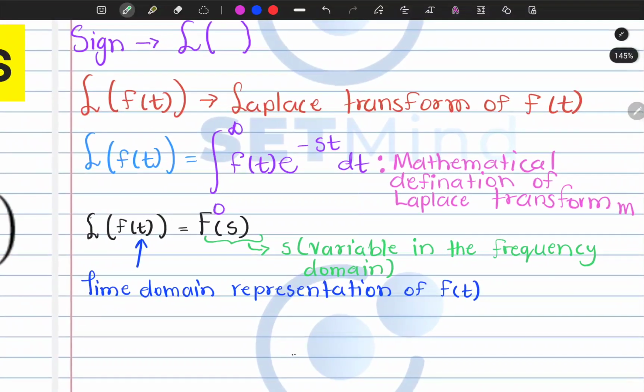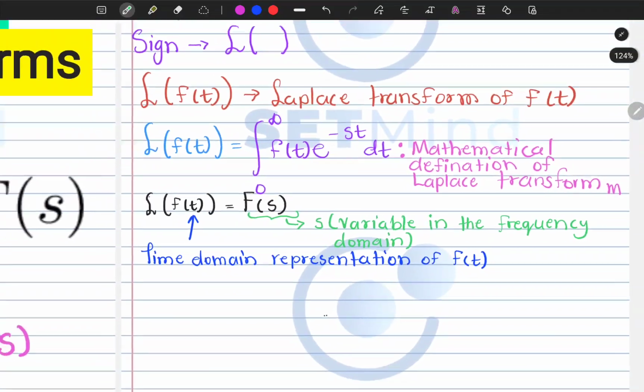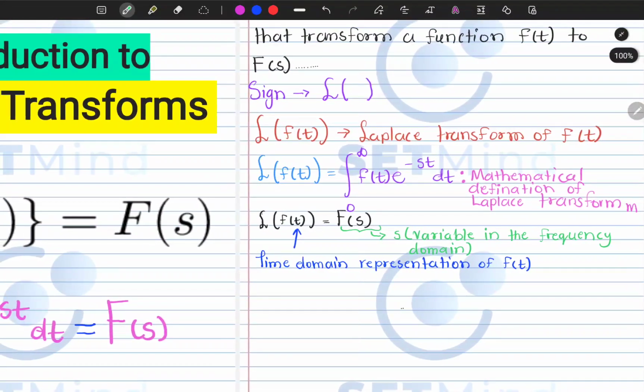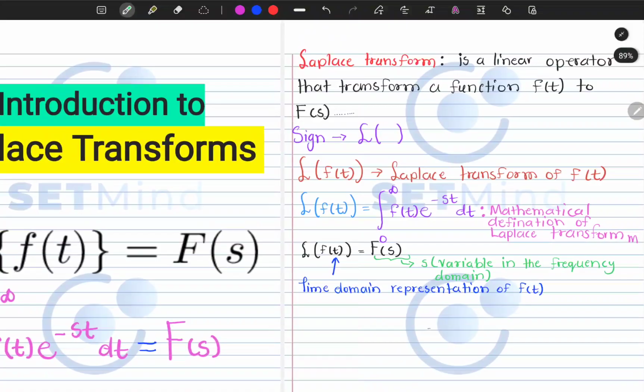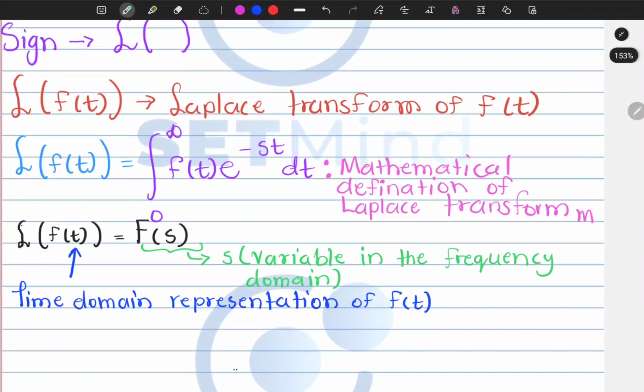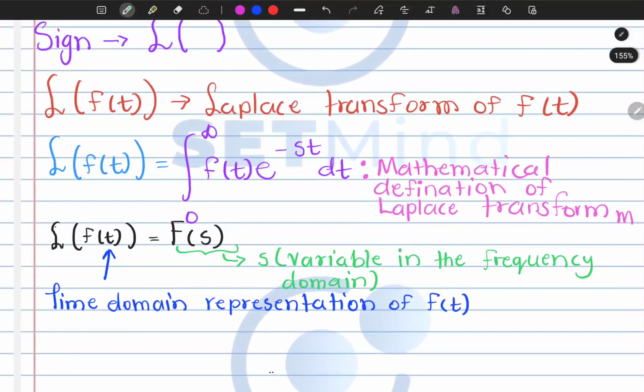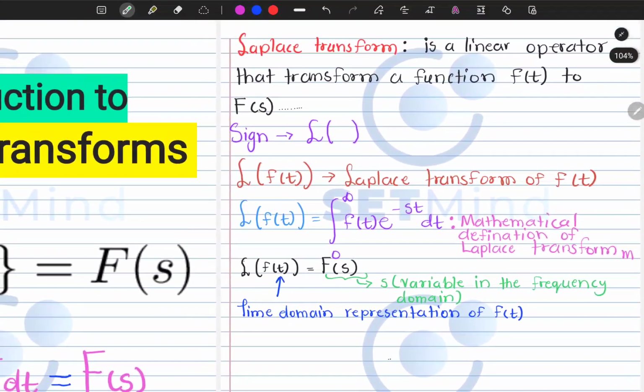Which means F of s is a frequency domain representation of our original function. So make sure that you have a feel of what is going on, that you are aware of the sign, and that you are aware of the mathematical definition of the Laplace transform.